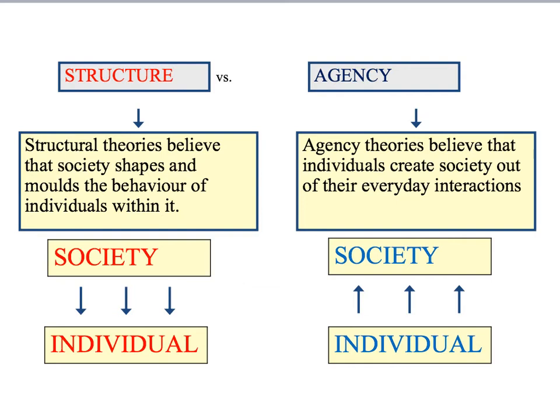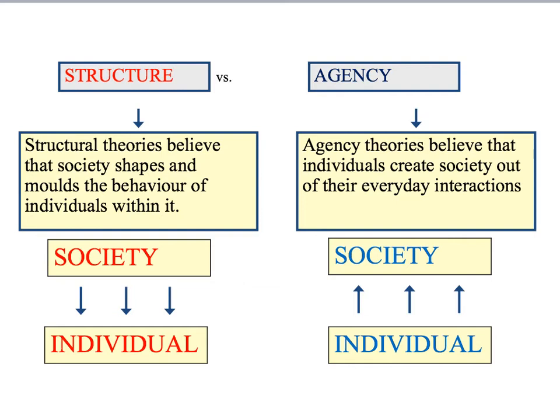Individuals are largely the puppets of society, and therefore when looking at the relationship between society and the individual, a structural perspective will start by looking at society and then analysing how society influences the actions, the beliefs, the attitudes of individual people.